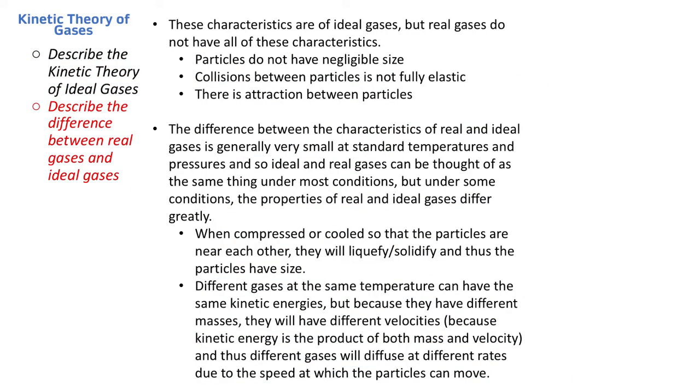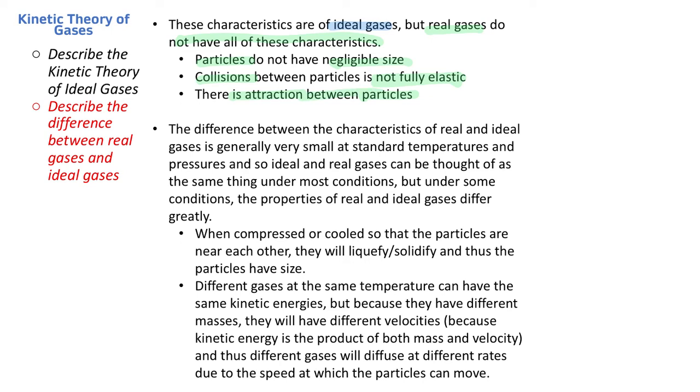However, these are the characteristics of ideal gases, but real gases do not have all of these characteristics. So the particles do not have negligible size. Their collisions are not fully elastic, and there is attraction between particles.